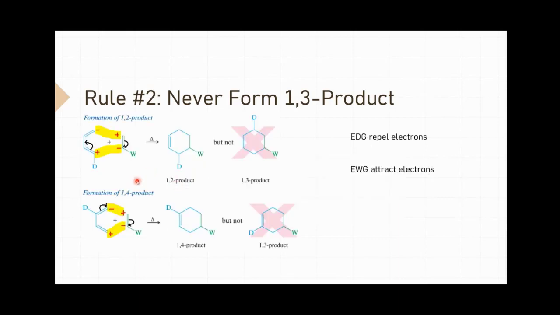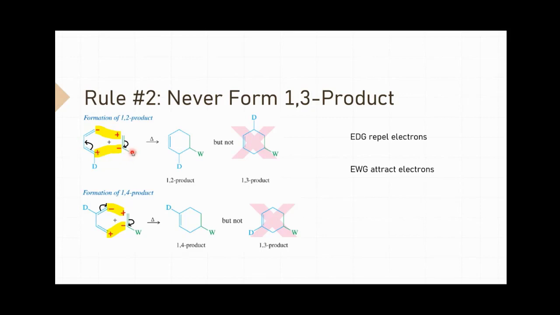Another way to think about it is if you have a donating group here, it wants to donate electrons. So it's going to push this double bond away from it because I'm adding electrons, and if I push this double bond away, I'm going to get a positive charge here.